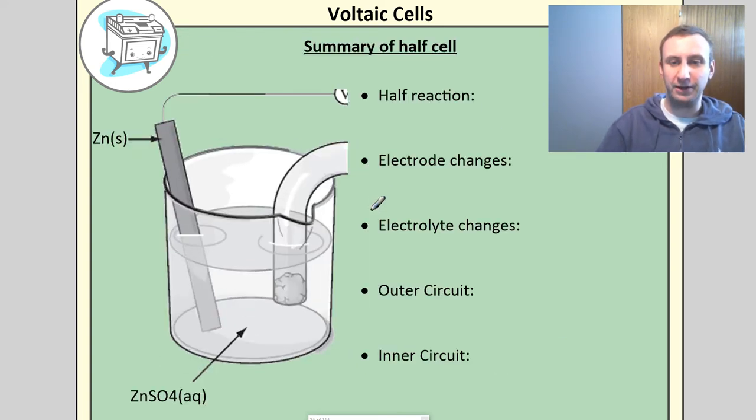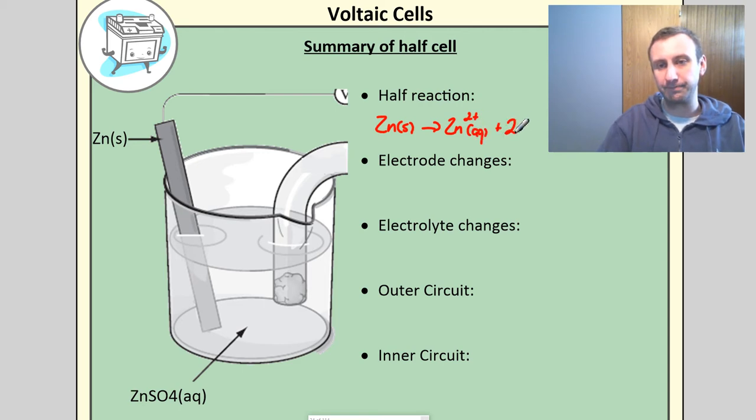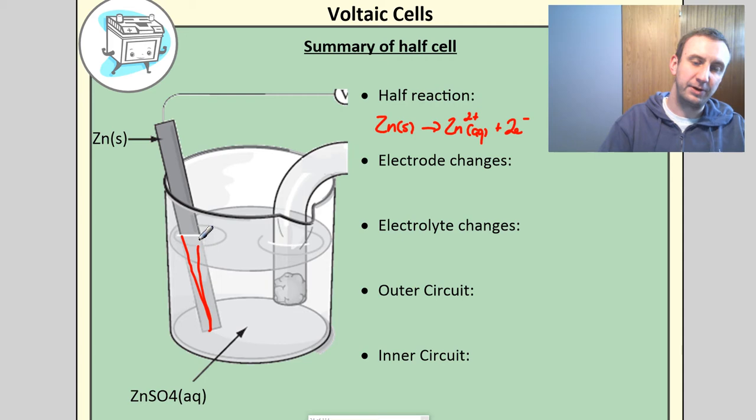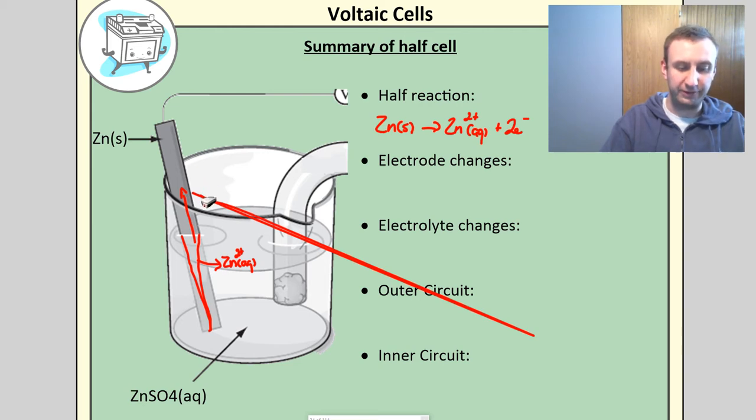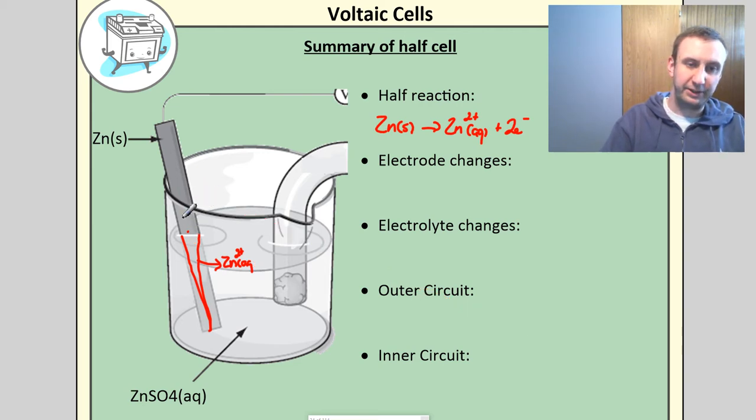and this is my half reaction. So I have Zn solid reacts to form Zn2 positive aqueous plus 2 electrons. So what is happening here is that this zinc is shrinking over time because the zinc is turning into Zn2 positive aqueous, and it's doing that because it's releasing the 2 electrons going up towards the cathode.